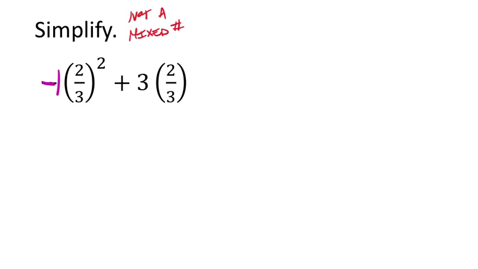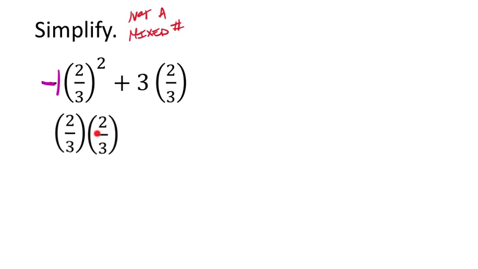So that means, and here's the great thing about the order of operations, that I can focus on one part of the problem at a time and ignore the rest of it until I actually perform whatever operation I'm focused on. So I'm just looking at the 2/3 to the power of 2, and that's all I'm going to do. I'm going to take that 2/3 and multiply it by itself. There's 2 of them. I don't care about the -1 on the outside that I put in purple. I don't care about the +3 times 2/3. I don't care about that stuff right now. I will, just not right now.